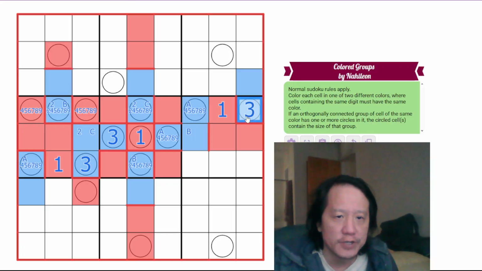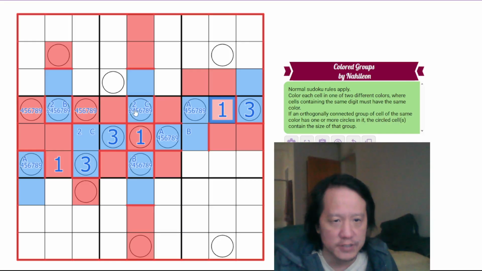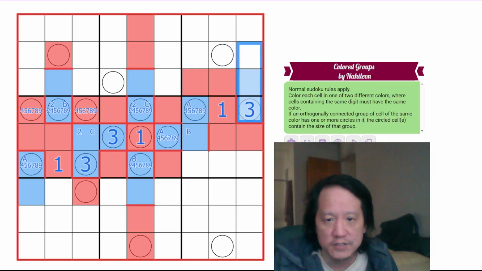This is 3. So one of these is 2. The other one has to be blue and going out that way. So one of these 4 is blue, which means none of these can be blue. So this has to be red, because again, one of these is 2, one of these is larger than 2. So it has to be one going out that way. So this is red here, which means this 3 has to be that way. So this is done as a region, which means both of these are red.